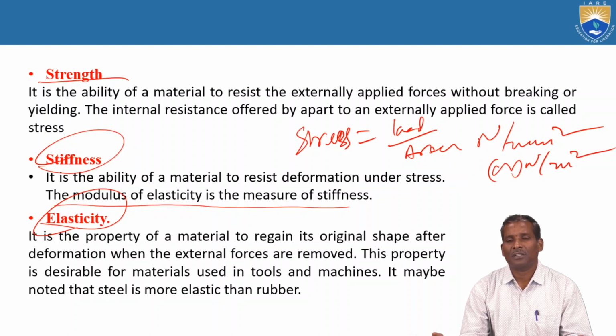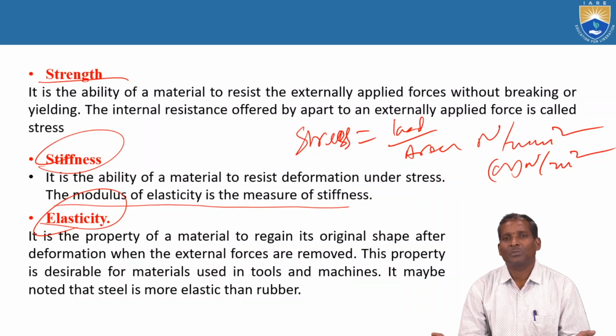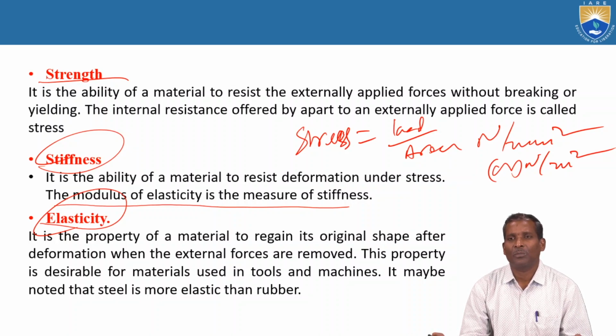This type of property is called the elasticity property. This property is desirable for materials used in tools and machines. In mechanical machines it is very important, as a lot of loads act on mechanical components.